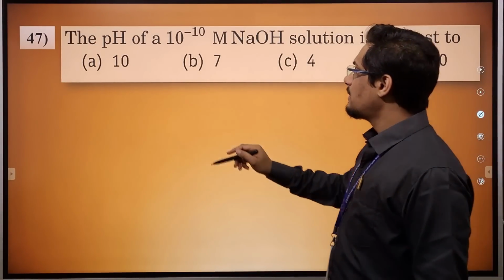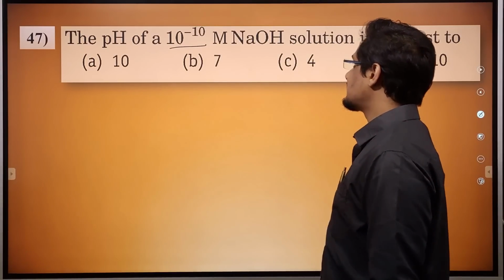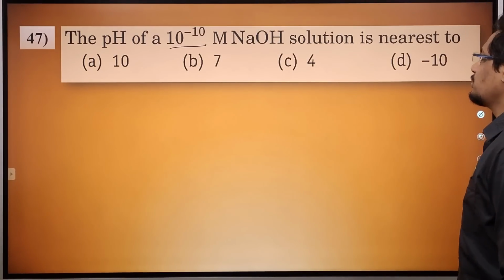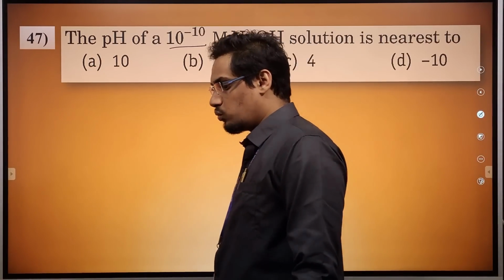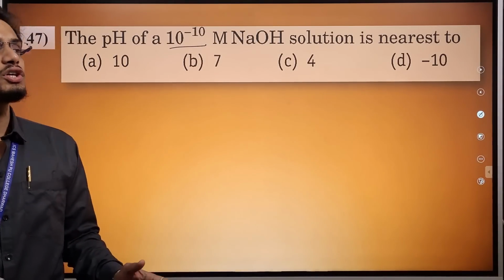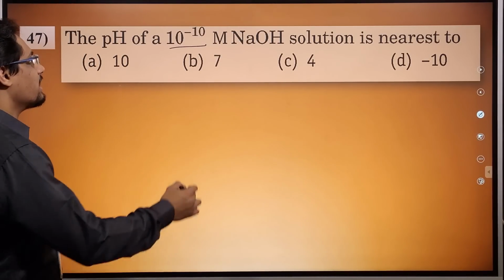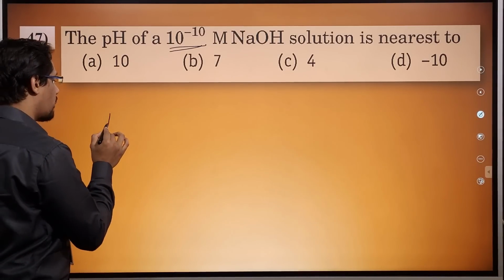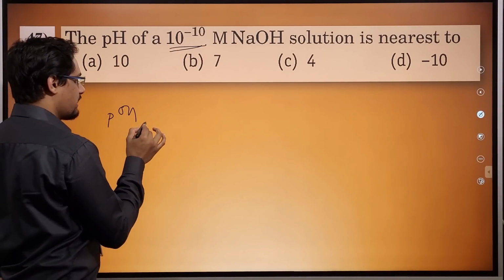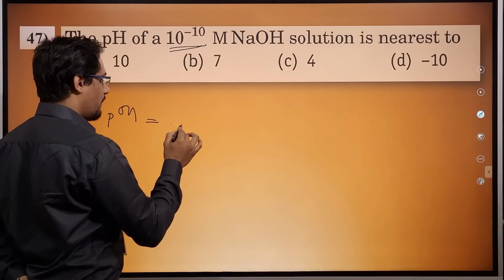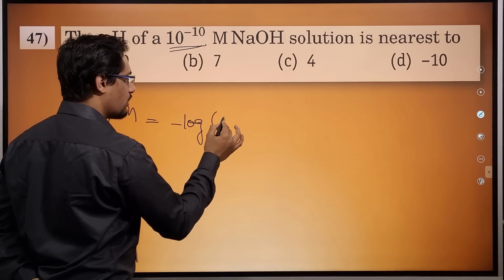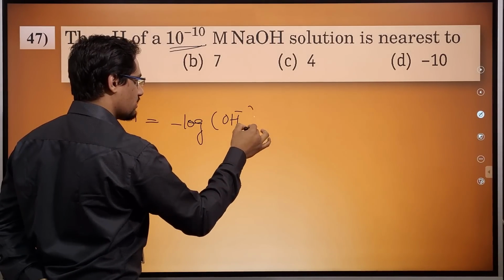Next question. The pH of 10 to the power minus 10 M NaOH solution is nearly equal to. The most common mistake we make is this: we know the formula pOH is equal to minus log of OH minus.